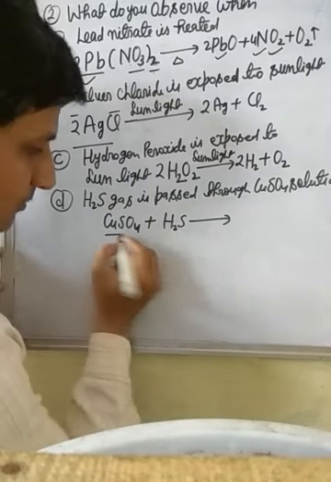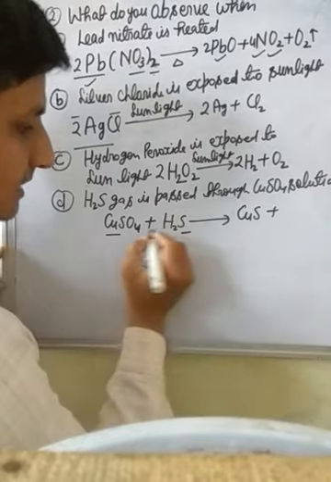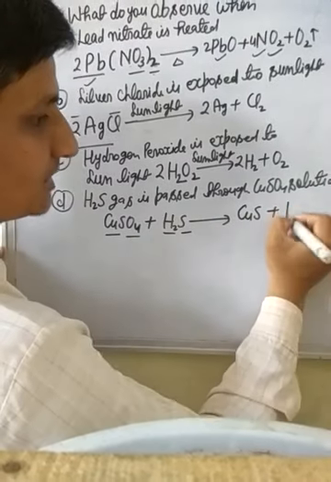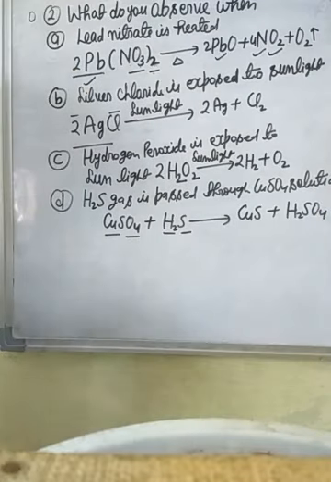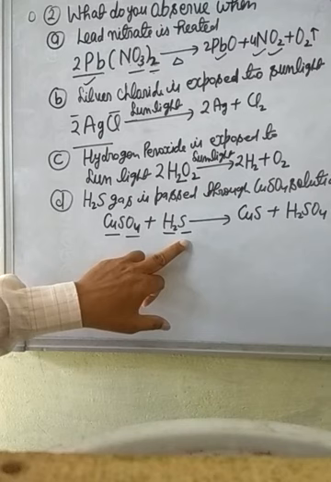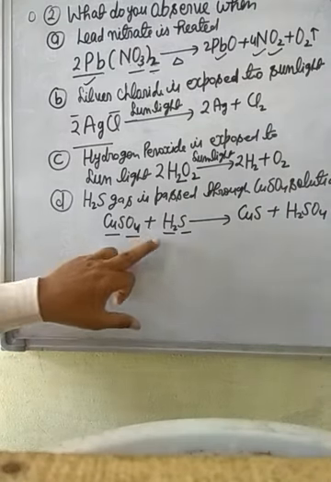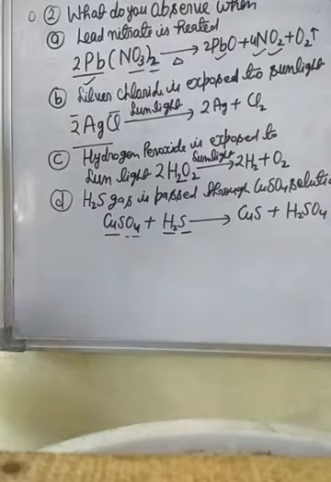We get copper sulfide, black color, and H2SO4, sulfuric acid. Look here, CuS, copper sulfide, and H2SO4; the color of this is black.